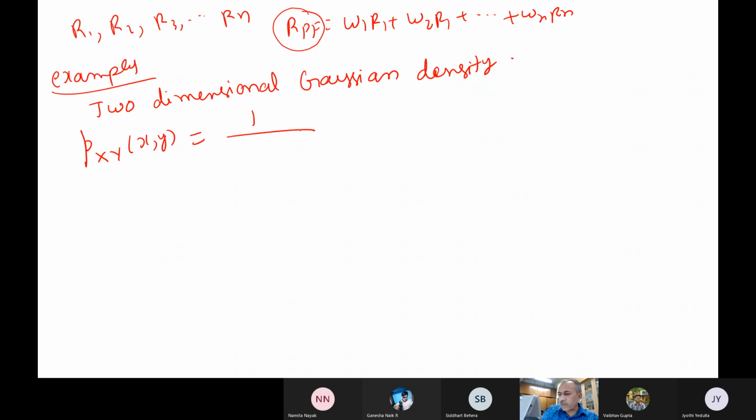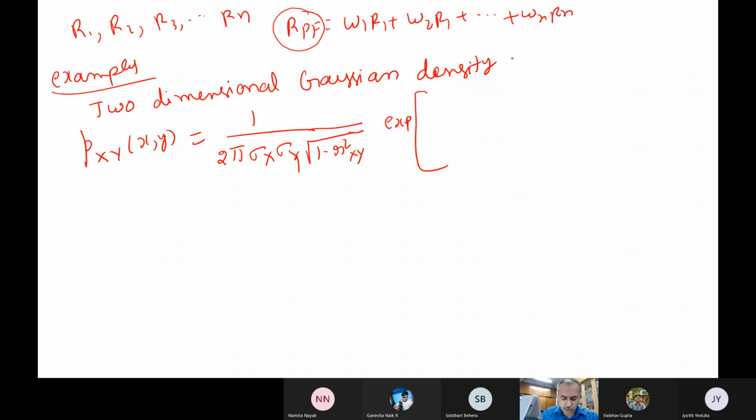It is a very big expression. 1 by 2 pi sigma x sigma y, then square root of 1 minus r square xy, the correlation coefficient, will be there in the denominator, and the exponent.